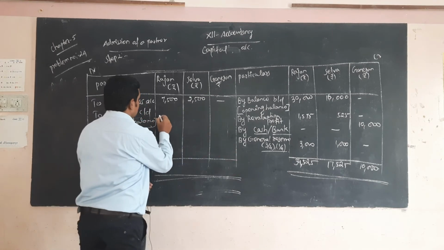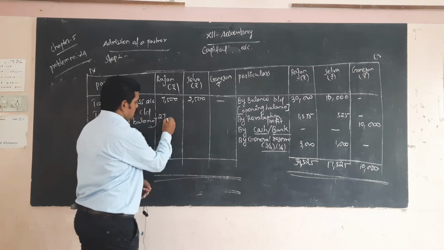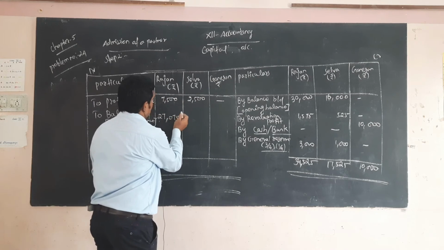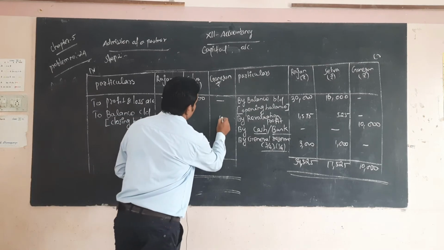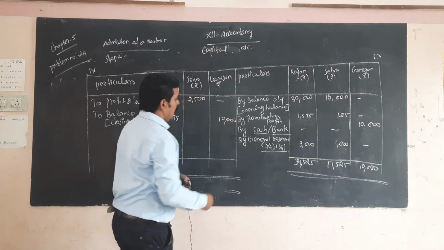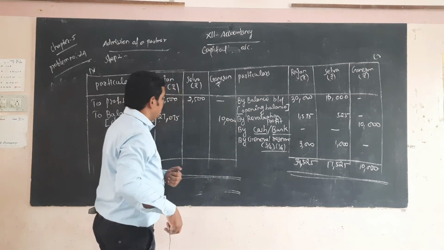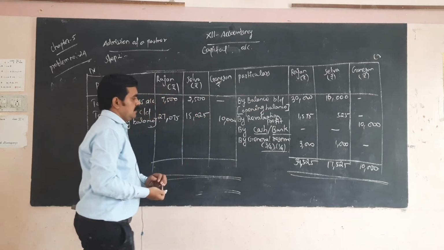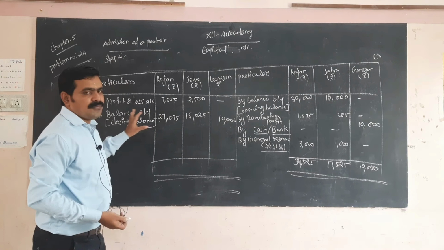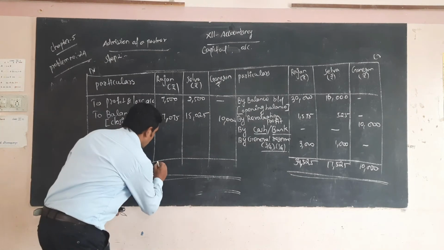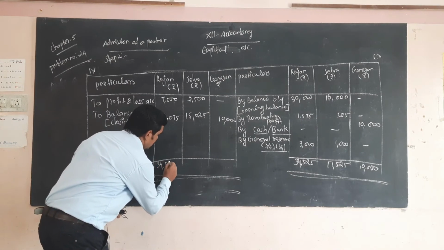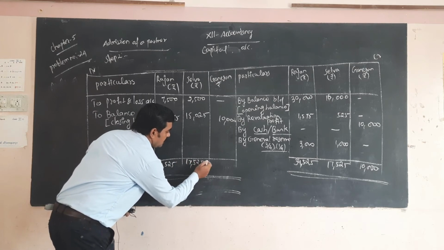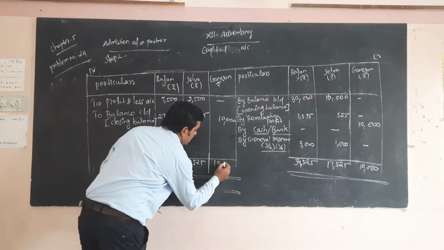27,000, have to separate from 20,000. Then here also 10,000 and 15,000. So this is the format. Then balancing the value: 34,525, 17,525, then 10,000.